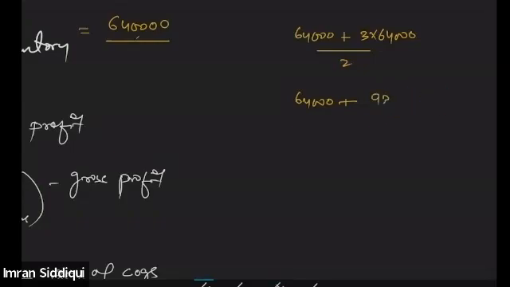So 192,000 divided by 2. Average inventory will be 1,28,000. If we just put this value here, 1,28,000, I think we'll get the answer. 6,40,000 divided by 128,000. So the answer is 5 times.